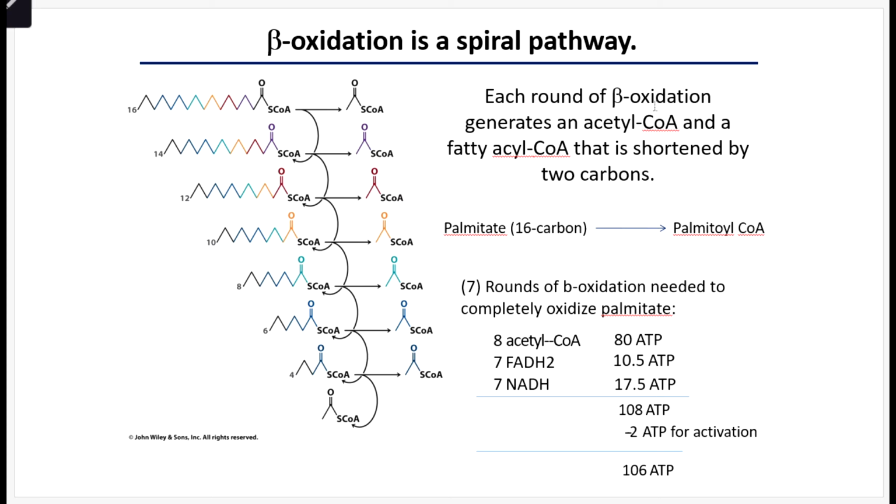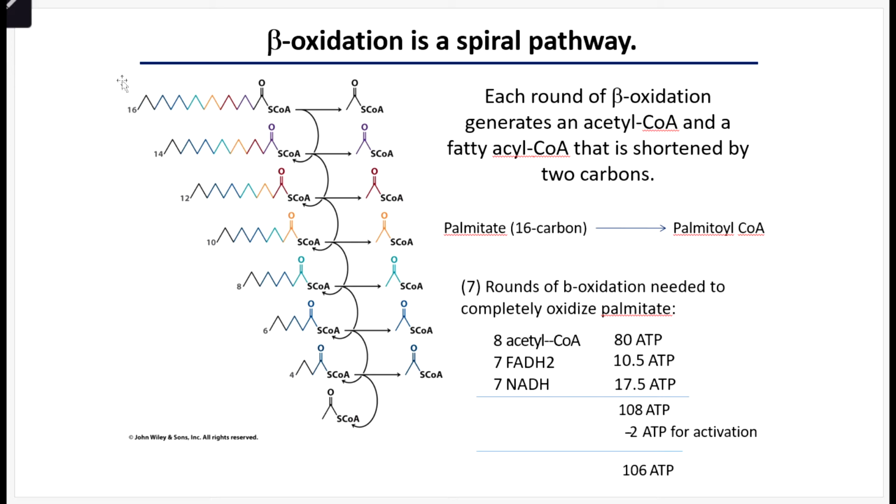But each round of beta oxidation will shorten a fatty acid chain only by 2 carbons. And so if you have a 16-carbon fatty acid chain, that means you can do beta oxidation 8 times. Or I guess 7 times, and then the last cleavage reaction generates a 2-carbon molecule.